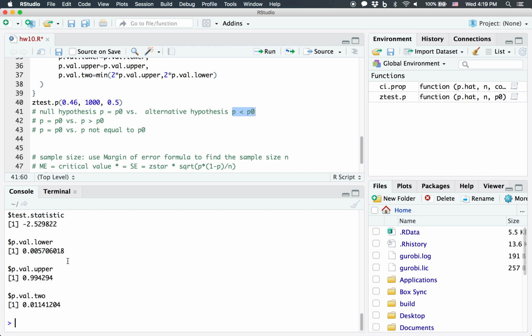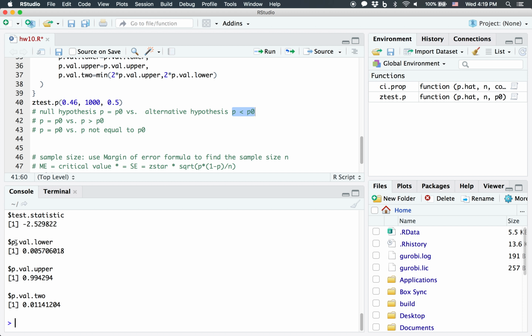Then you also look at the first, the p-value lower, which tells us that the p-value is 0.0057, which is a lot smaller than the significance level, 0.05.